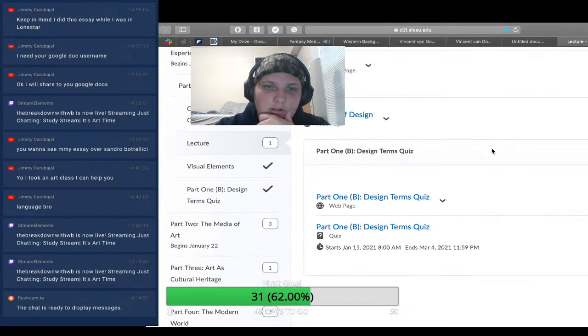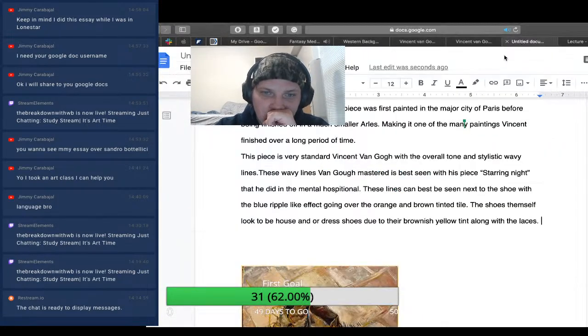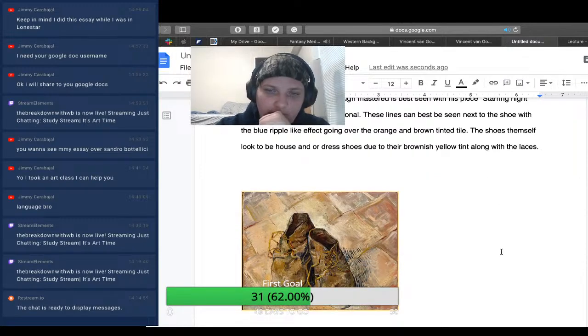We need to talk about texture a little bit. We're kind of already talking about the texture.